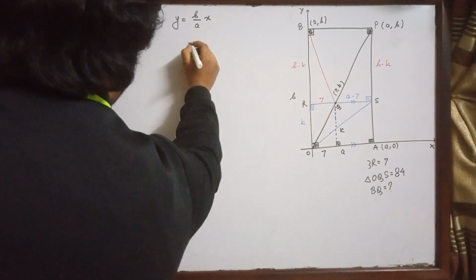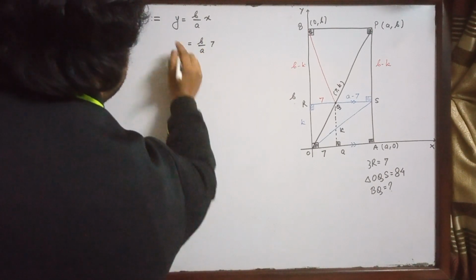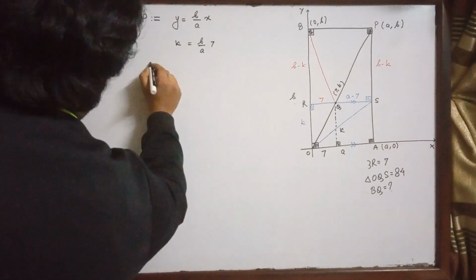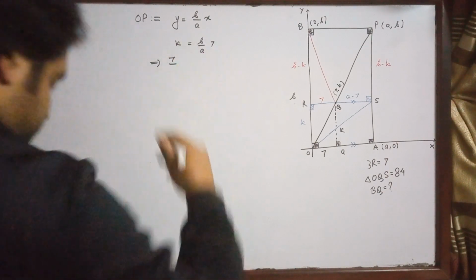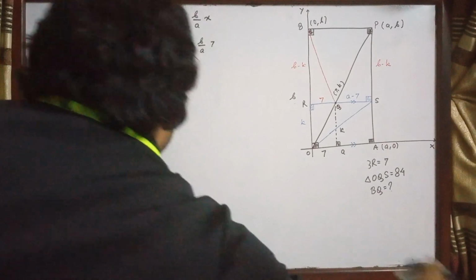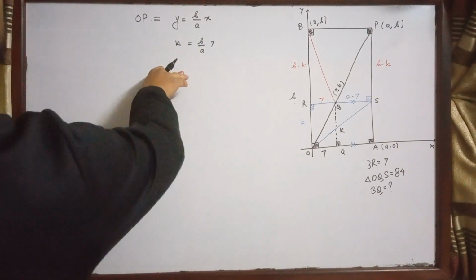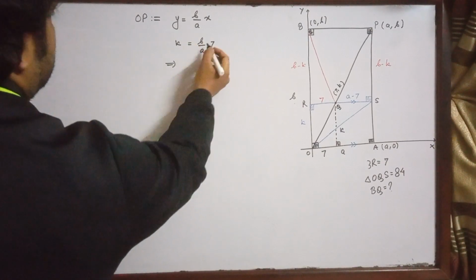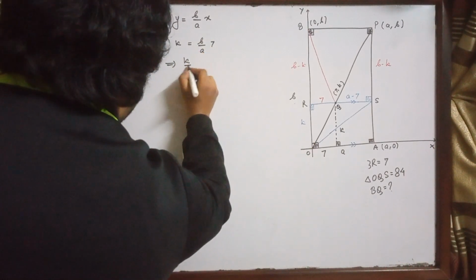So what do we get? X equals 7, so y equals B over A times 7, which gives K equals 7 times B over A, or K over 7 equals B over A. I'd rather not mess with B's and A's, so let's just use the constants.